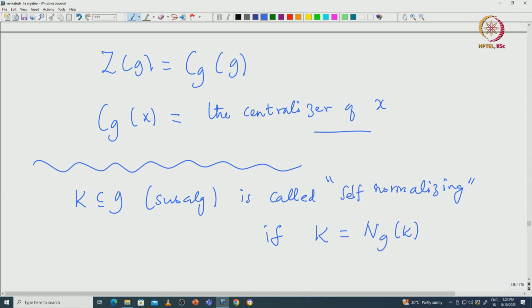K is always contained in N_G(K) if K is a subalgebra. If it is equal, then it will be called self normalizing. Again, self normalizing subalgebras will be playing crucial roles in the theory of semi-simple Lie algebras. So, we will come to that later.